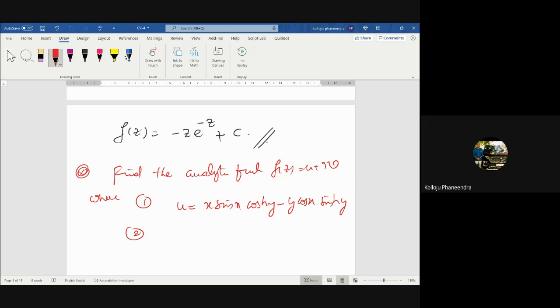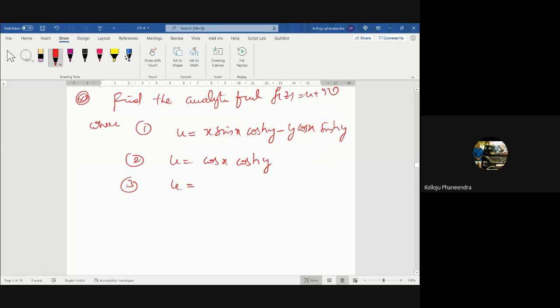Another one, cos x cosh y. Three problems on u and three problems on v. Then e to the power of x square minus y square cos y, 2xy sin y.